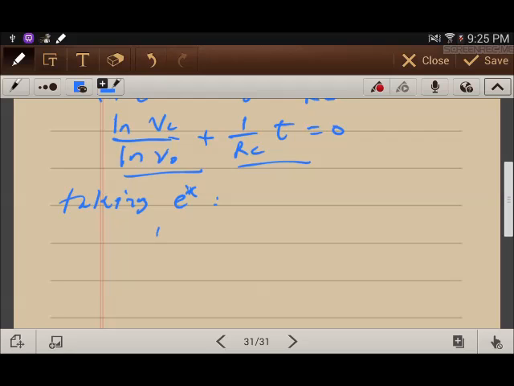We will get VC over V output equal to e to the power minus 1 over RC multiplied by t.